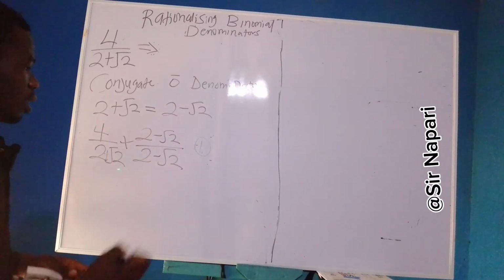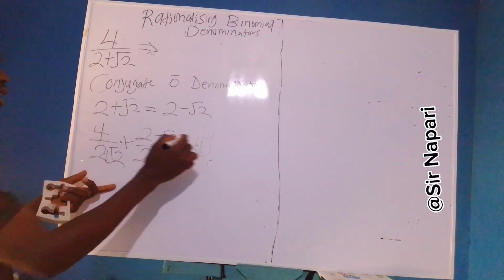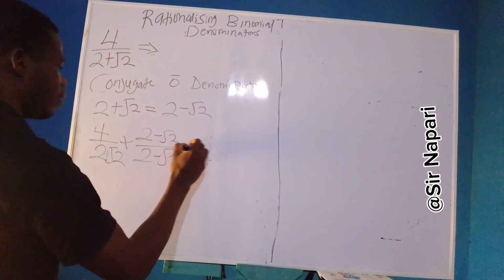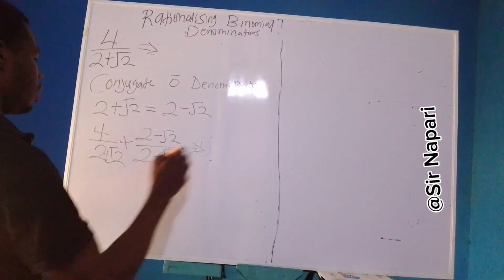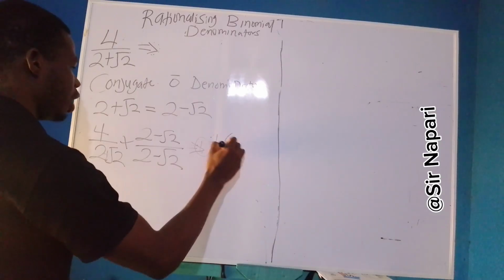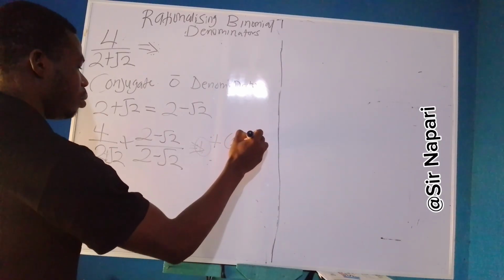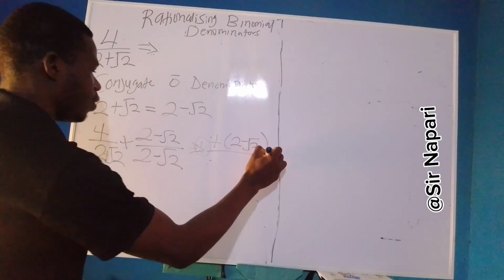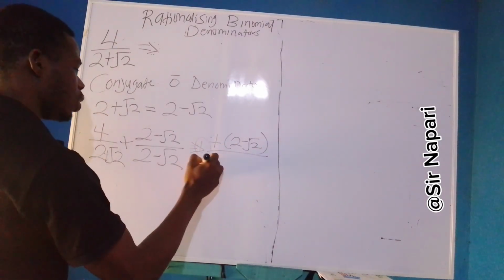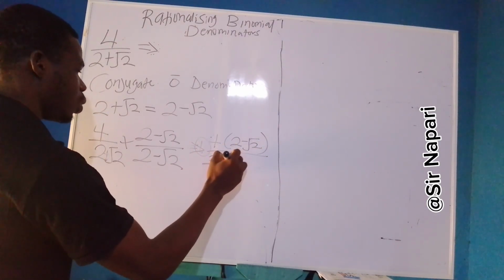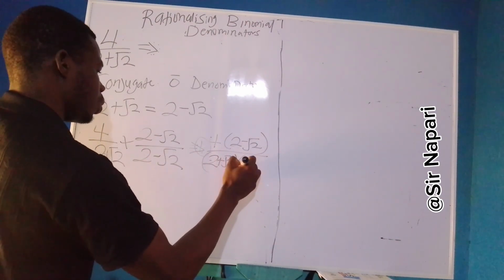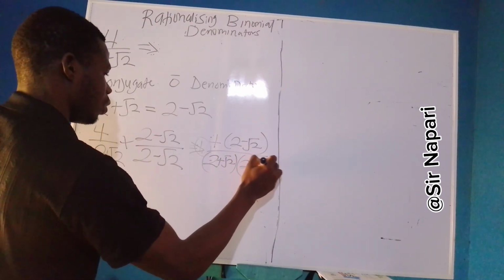Now, when you have two fractions, we multiply the numerators, multiply the denominators. And so we have 4 into brackets 2 minus root of 2, all divided by 2 plus root 2, also multiplied by 2 minus root of 2.